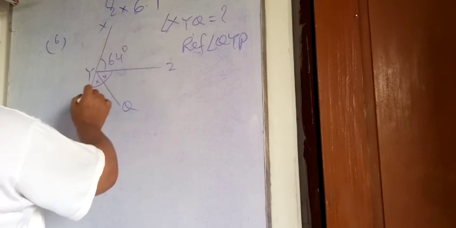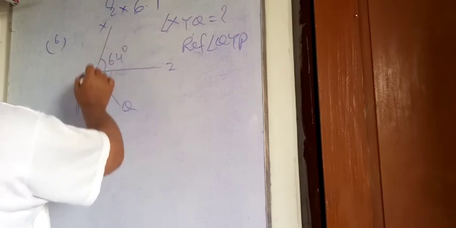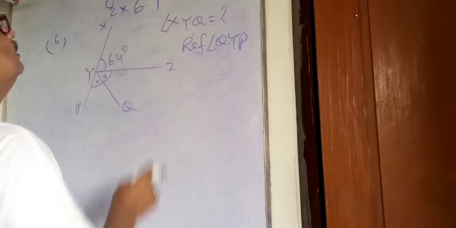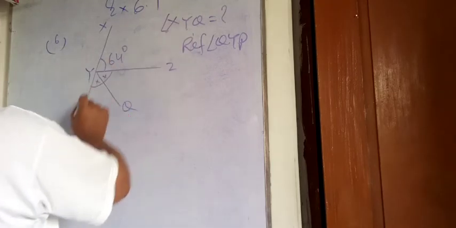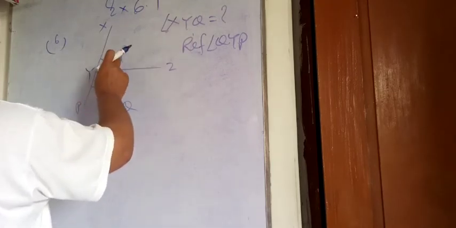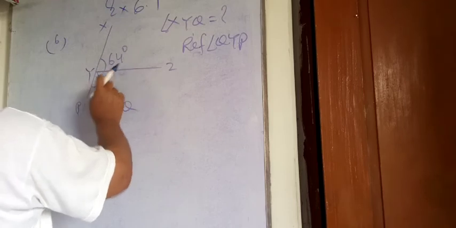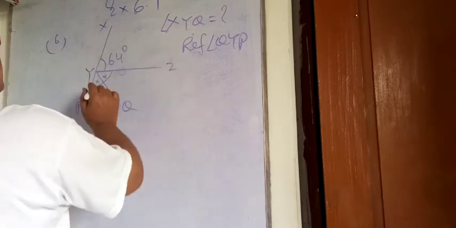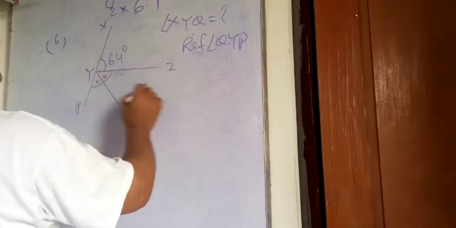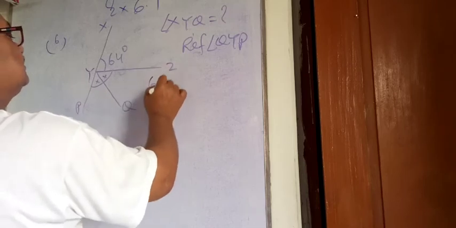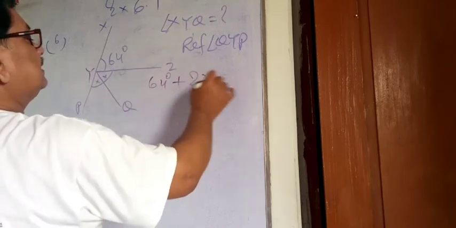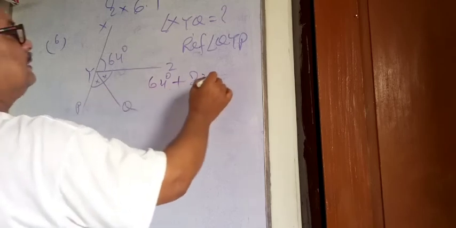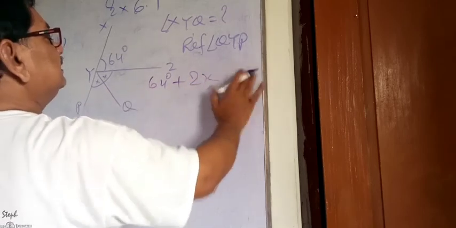This complete angle becomes 180 degree. XYQ is here. XYQ, right. X, 64 plus this thing. See, if you write X and X here, then certainly 64 plus 2X will become 180 degree.